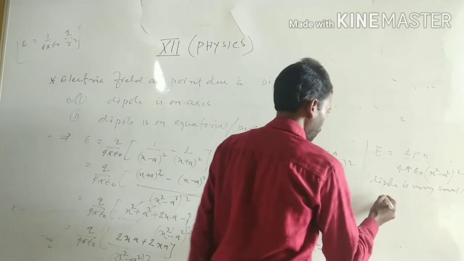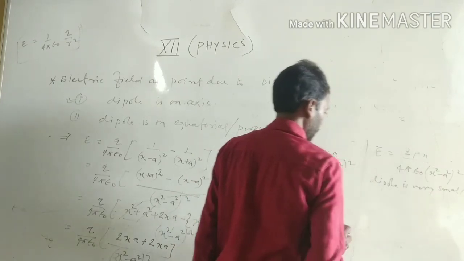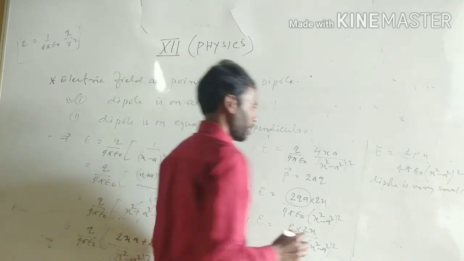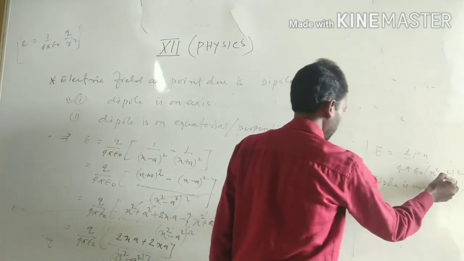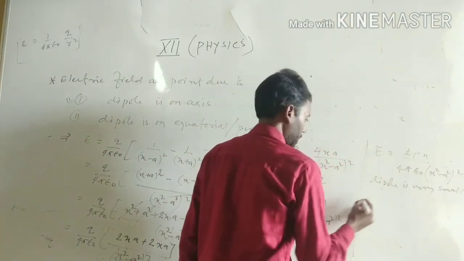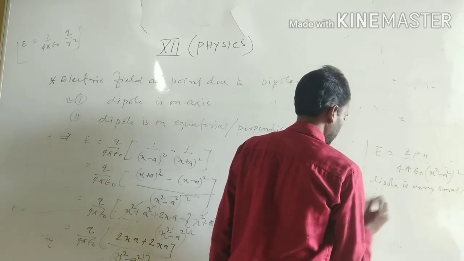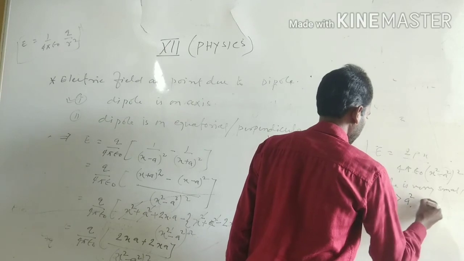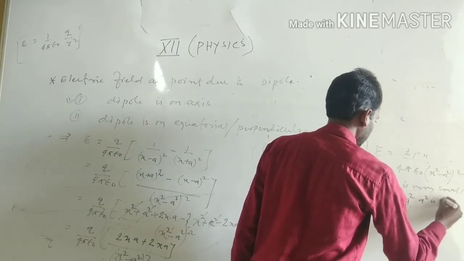Then the distance x is very large compared to a. That's why this term is neglected. x square is much greater than a square, that's why a square is cancelled.